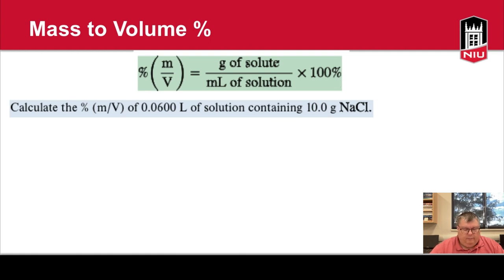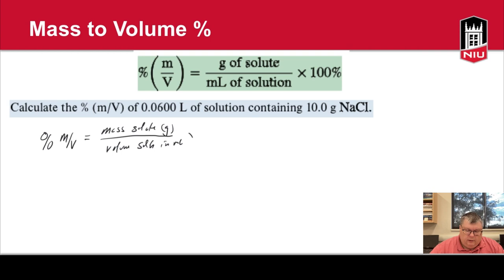So let's do a problem. Calculate the mass to volume percent of a 0.060 liter solution containing 10.0 grams of NaCl. So the mass to volume percent is the mass of the solute in grams over the volume of the solution in milliliters times 100.